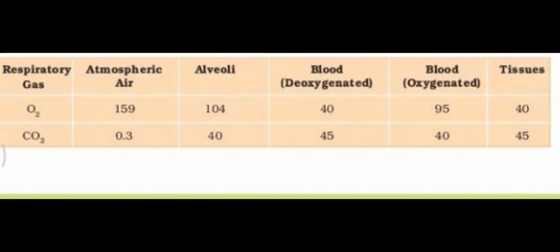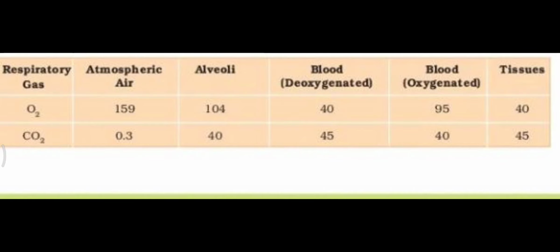Now let us see for the oxygen first. In atmosphere the amount of oxygen is 159. When you compare this with alveoli, it's 104. So diffusion says that the movement occurs from high concentration to low. So the oxygen will move from air to alveoli.